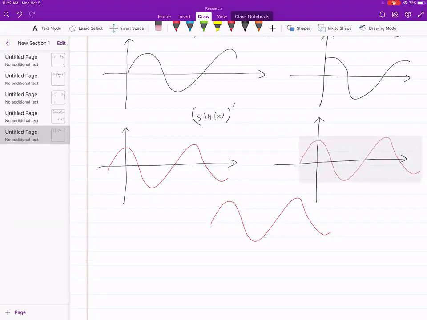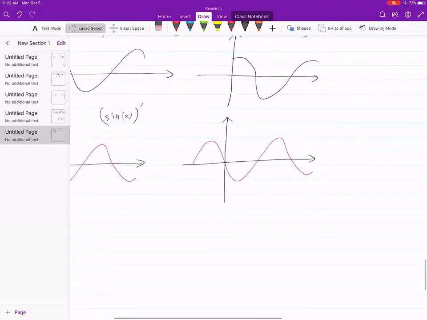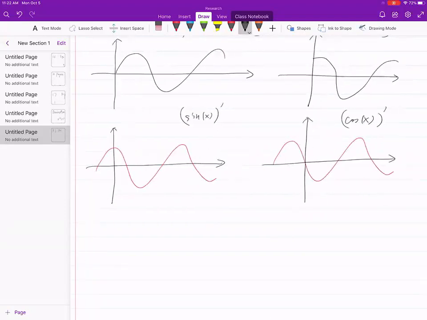Let's see it again. This is for the sine x prime. Shift to the left by pi over 2. Okay. That's cosine prime. What's the formula for that?